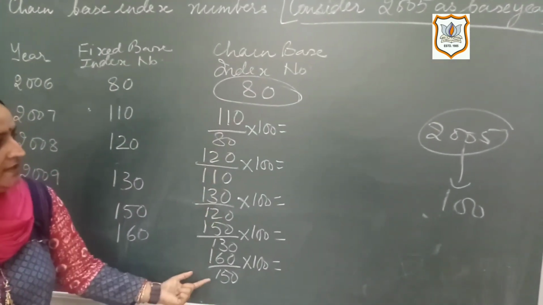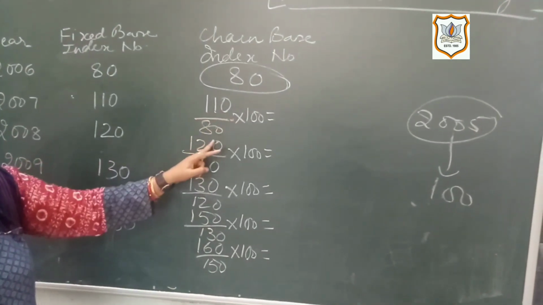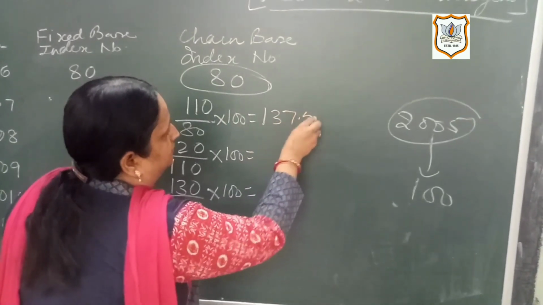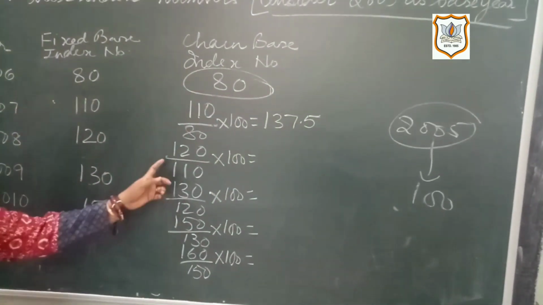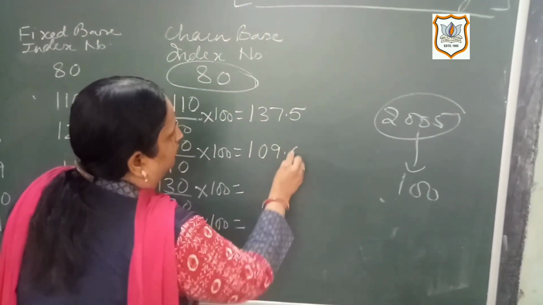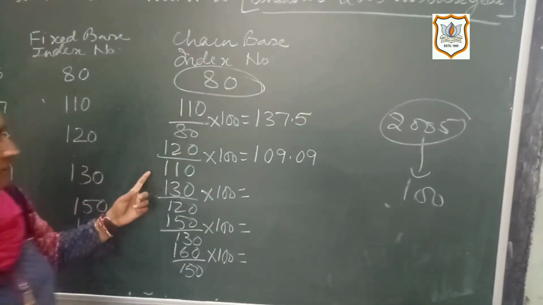Now let us calculate these values. 110 upon 80 into 100, you will get it as 137.5. Second value, when you calculate, you will get it as 109.09.